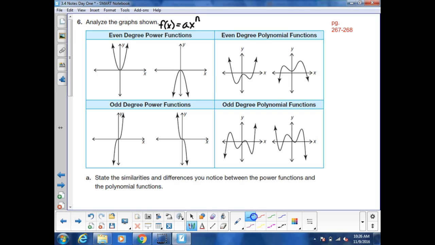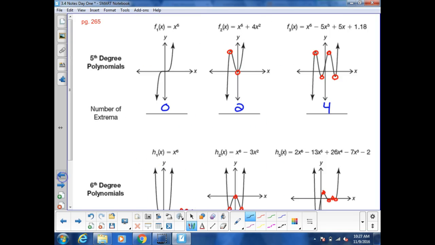A polynomial function has a bunch of extra stuff in it. Extra terms, all that fun stuff. So if I go back here and I look at this one, this is a polynomial function. This is a power function. Okay? Power's got one term. Polynomial has a bunch of extra stuff in it.